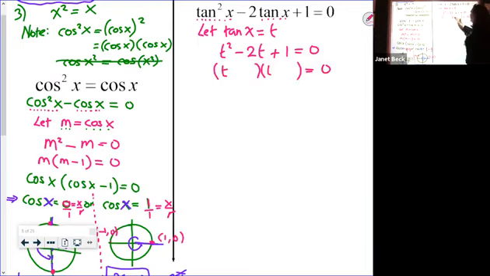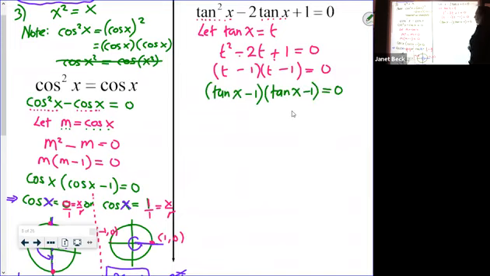It must be t times t to give me t squared, 1 times 1 to give me 1. They must both be the same to give me that plus there. They must both be negative. Now, t was standing in for the tangent. So this is tangent of x minus 1, tangent of x minus 1 equals 0.